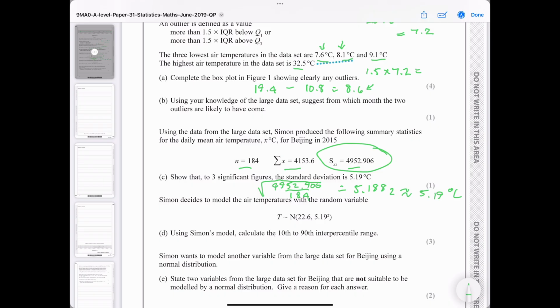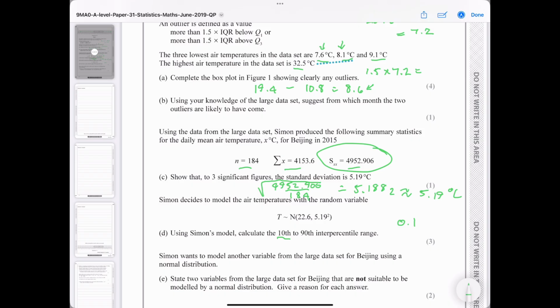Using Simon's model, calculate the 10th to 90th interpercentile range. So what you do for this is you go to your distribution, and then you go to inverse distribution, inverse normal. Okay, now 10th, that would be a 0.1 in terms of area, so you do 0.1.